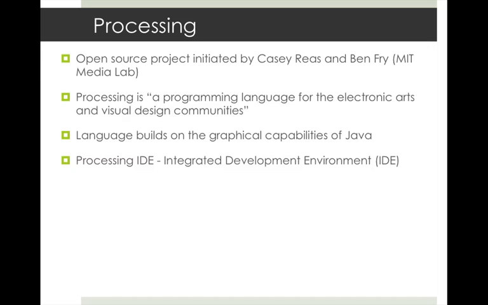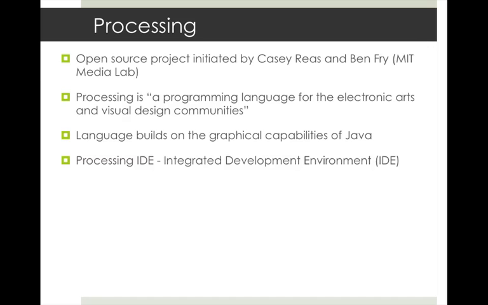So, what is processing? Processing is an open source project that was initiated by Casey Reas and Ben Fry from MIT Media Lab, and it's been gaining a lot of importance over recent years.